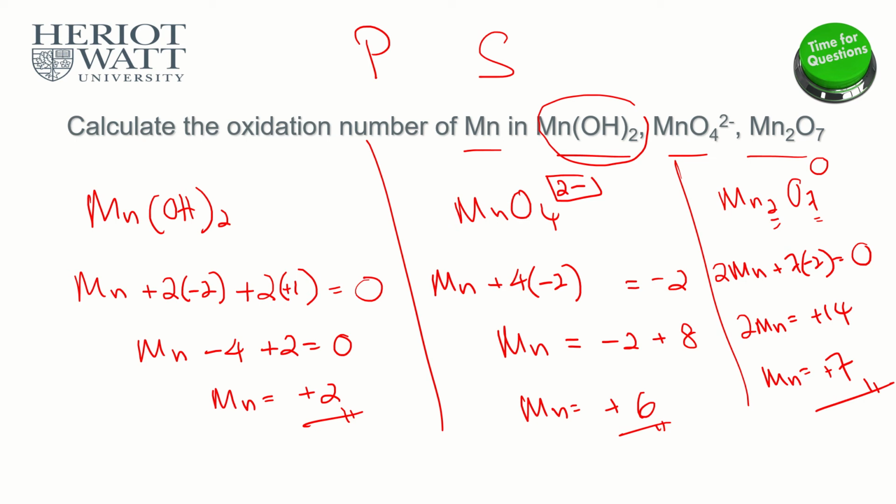So other than phosphorus, sulfur, and chlorine, germanium, arsenic, selenium, bromine, all these can have multiple oxidation states. Always remember that sulfur, phosphorus, and the elements after them can have multiple oxidation states.